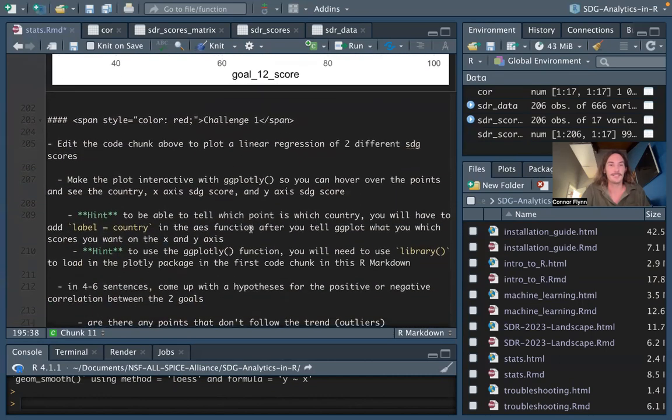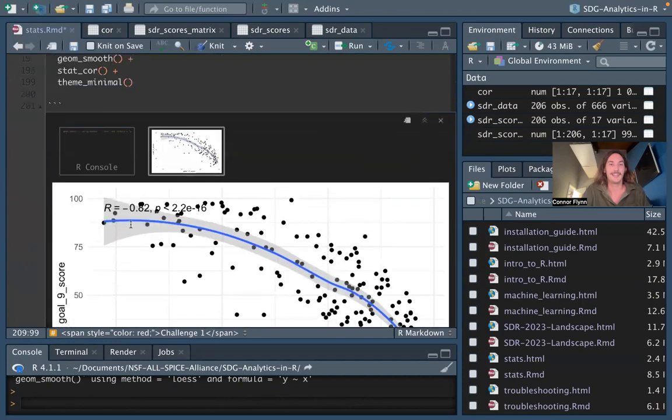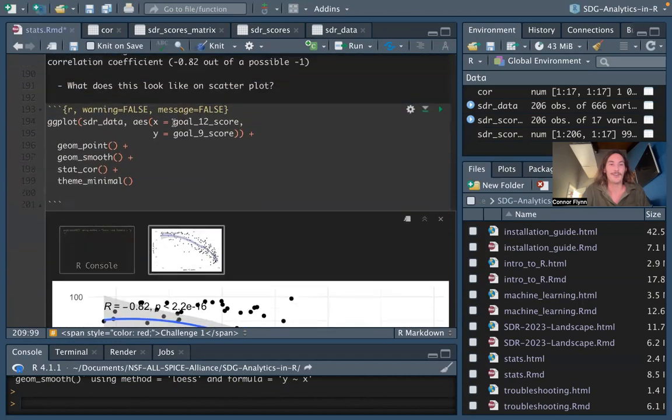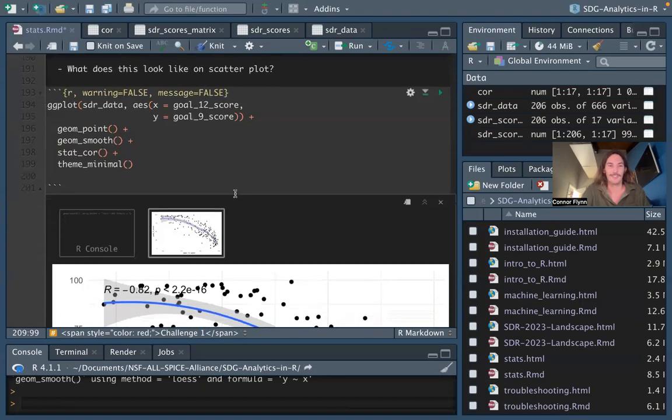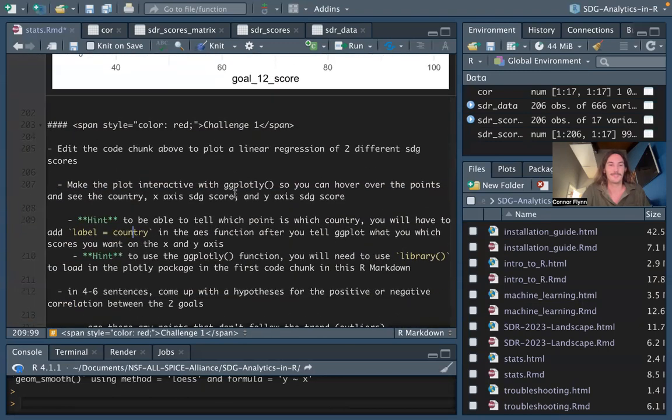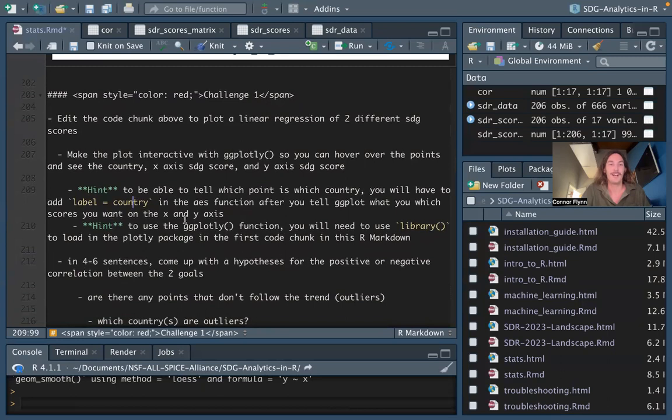But to do this, it takes two steps. You'll have to add label equals country into the aesthetic function, so after your X and your Y, with a comma, you'll add label equals country. And then you name the plot and put it into the ggplotly function.